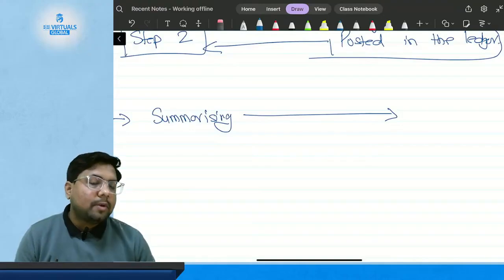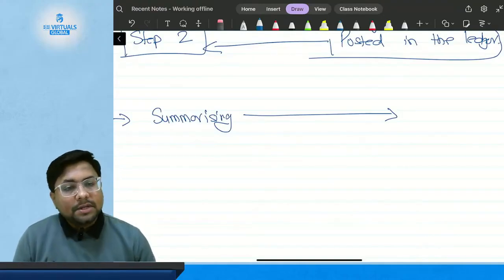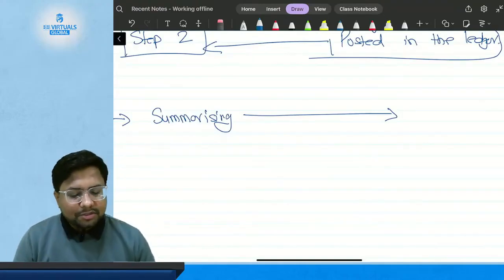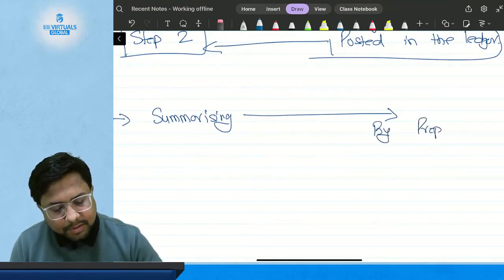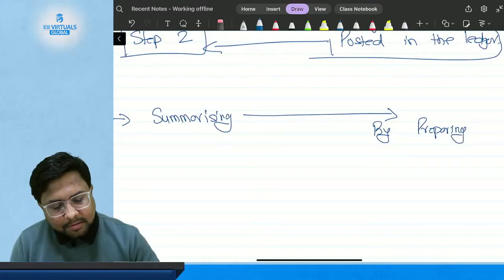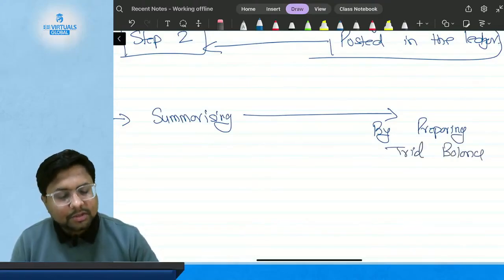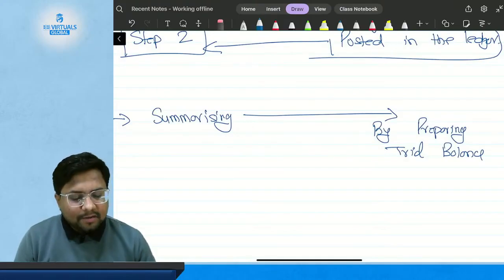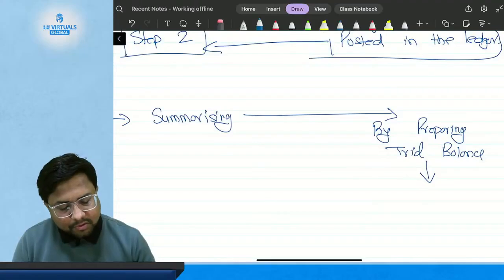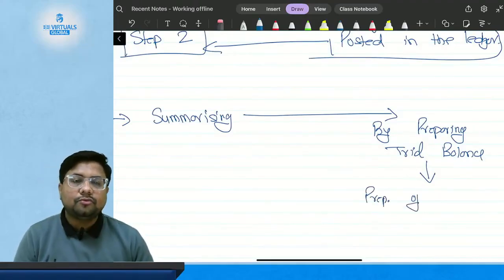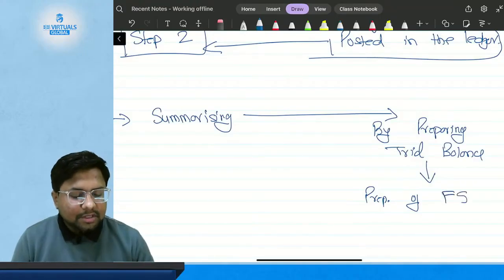Now I need to summarize all the transactions by preparing a trial balance, which is ultimately going to be used for the preparation of financial statements.